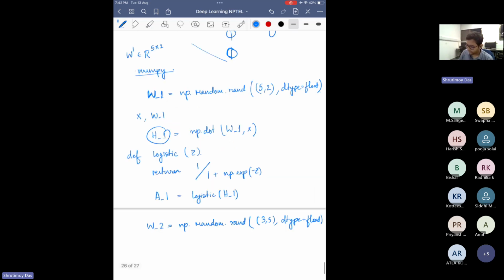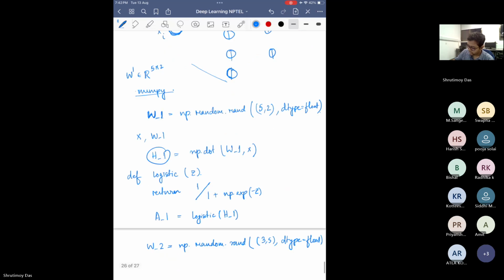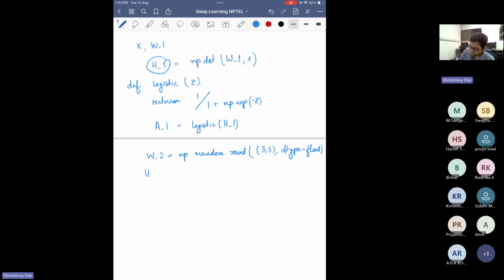Again, suppose I have one activation here. So I will get h2 as numpy.dot of w2 with what should I multiply it?